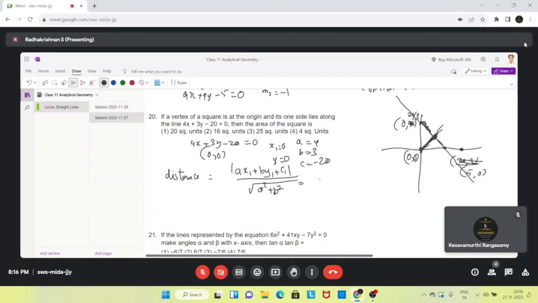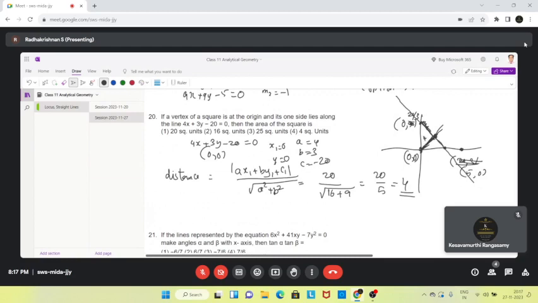So mod of minus 20 is 20 divided by square root of 3 square plus 4 square, and we know this is 5, right? So 20 over 5 is 4. So this 4 is the side, one side.